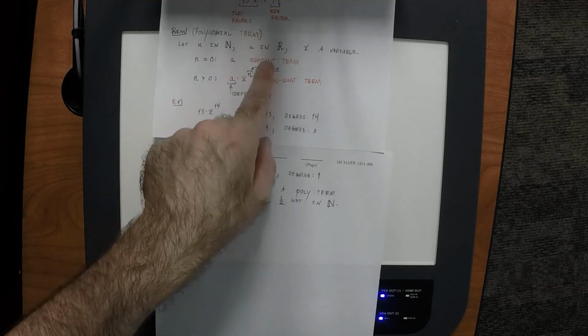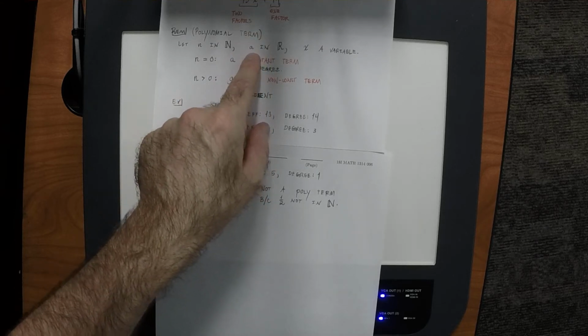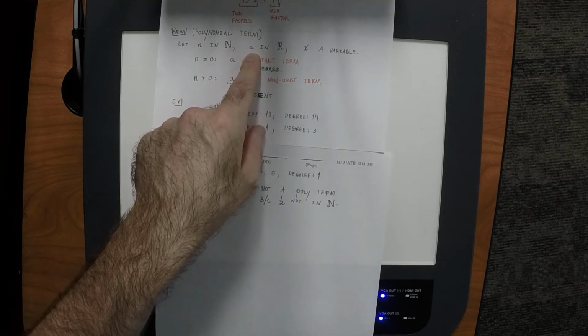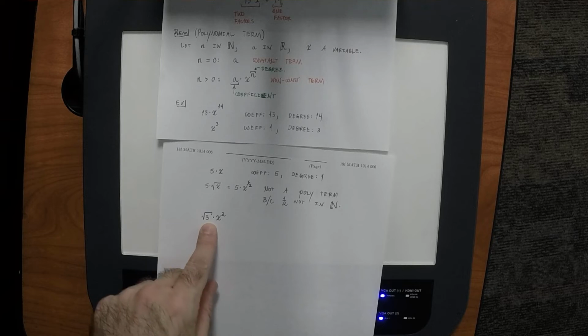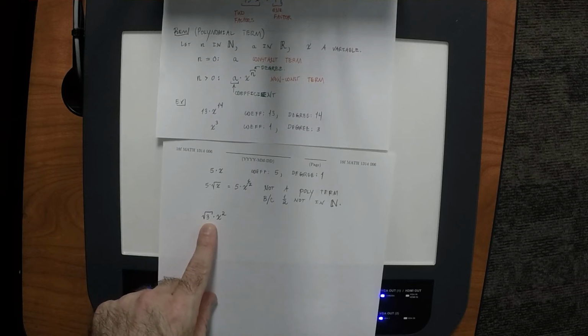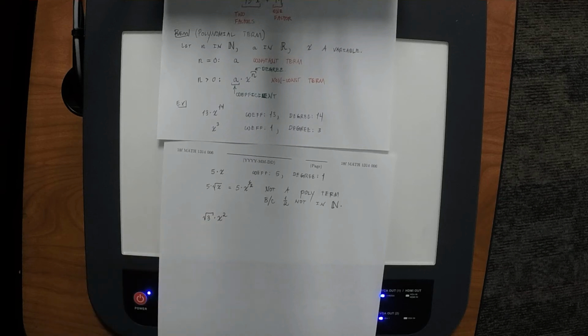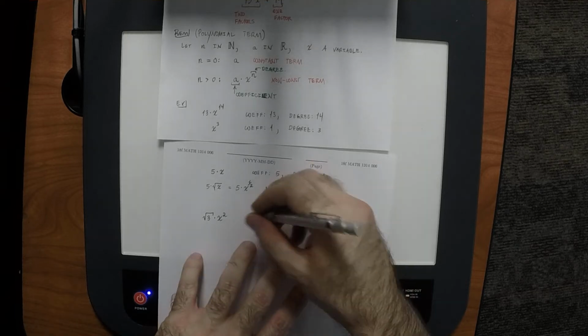The next one says that a, which we're calling the coefficient, needs to be a real, which is just to say it needs to be some number. If this is a polynomial term, what's a? Square root of 3. Is square root of 3 some number? Yeah. So yes, this is a polynomial term.